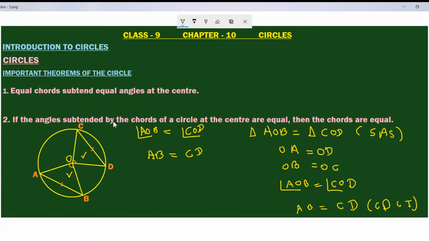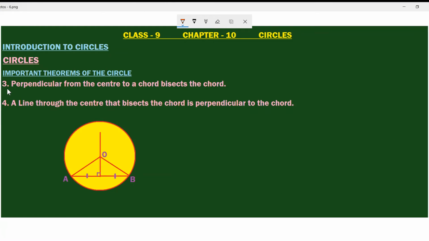Let's move on to the third theorem. Theorem number 3: the perpendicular from the center to a chord bisects the chord. That means, if I draw a perpendicular line from the center of the circle to the chord, that line will bisect the chord.